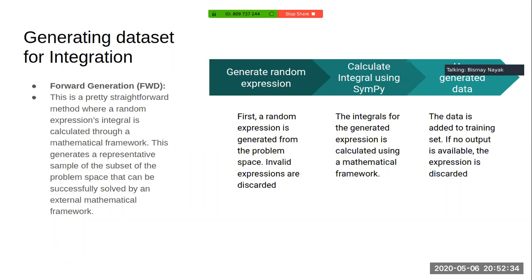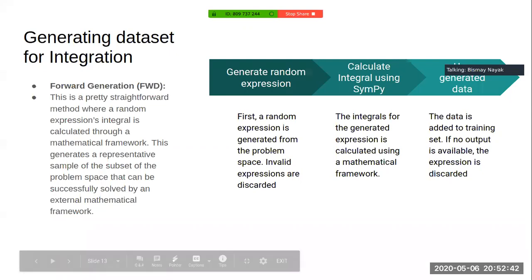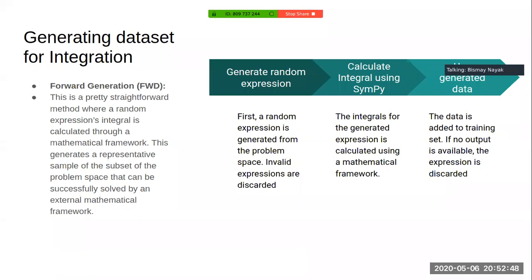We will take a mathematical framework that is able to calculate integrals for a given expression. So here the authors have used SymPy. It is, I think, a Python-based mathematical framework which can calculate the integral given an expression.